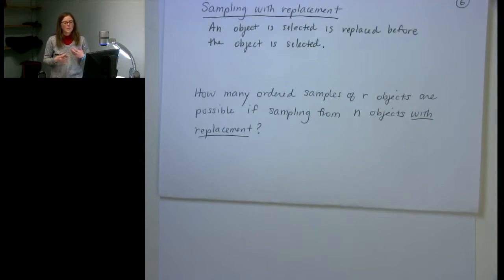So ultimately, sampling with replacement means that each object may end up being sampled more than one time. And so if we want to think about how many ordered samples of our objects are possible, if we're sampling from n objects with replacement.